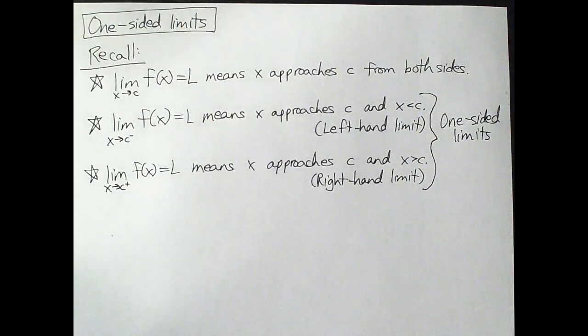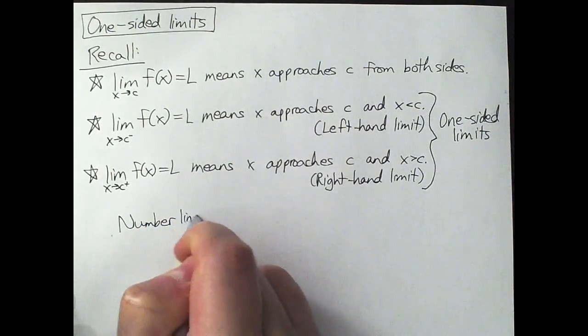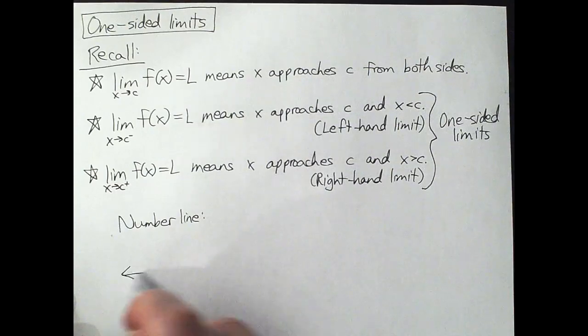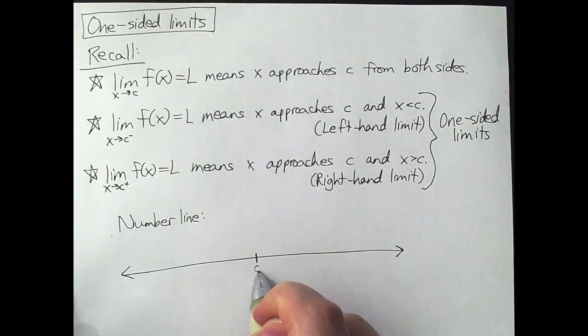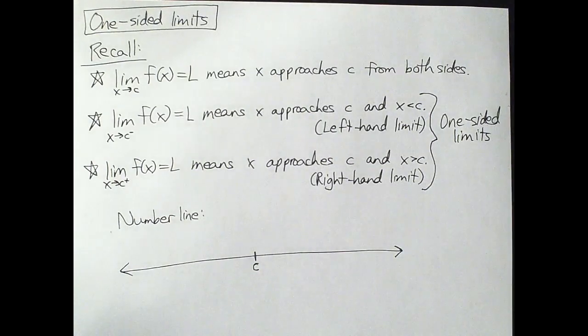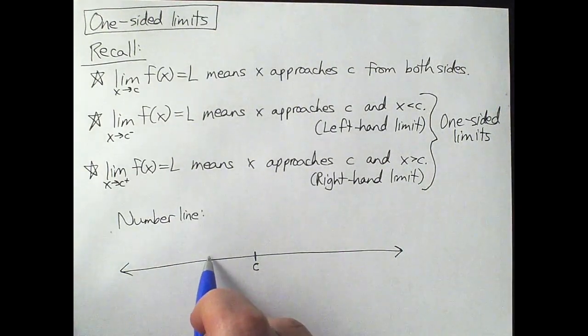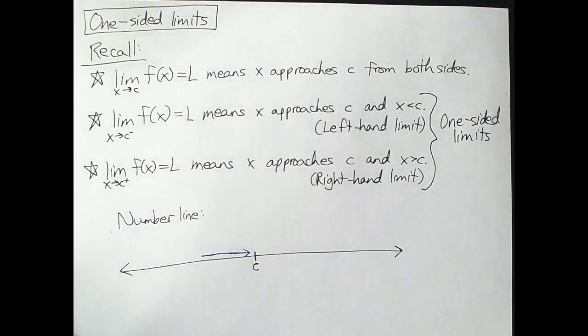When I say things like approach from the left and approach from the right, you can draw a picture of a graph and think of the x-axis. Another way to think of this is on the real number line. Let's say there's some number c somewhere on the number line. We want to talk about what it looks like when x approaches c. If I approach from this direction, I'm getting closer and closer to c, but not touching c, not equal to c.